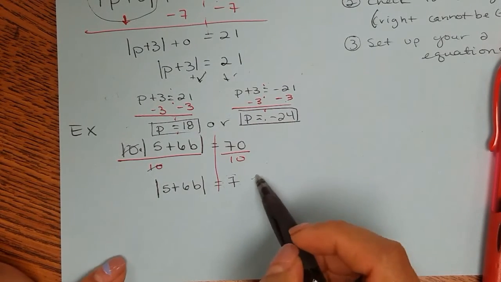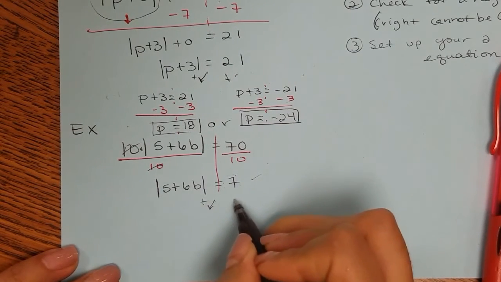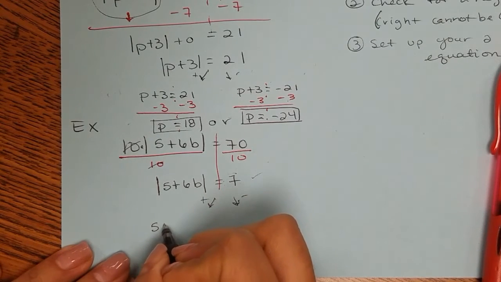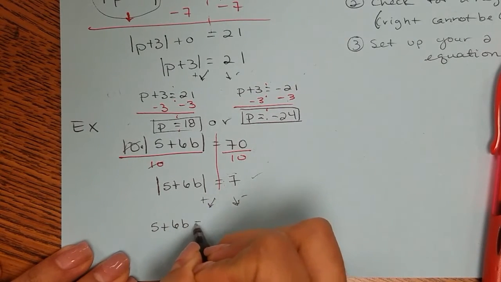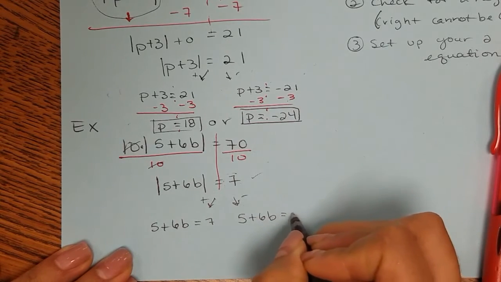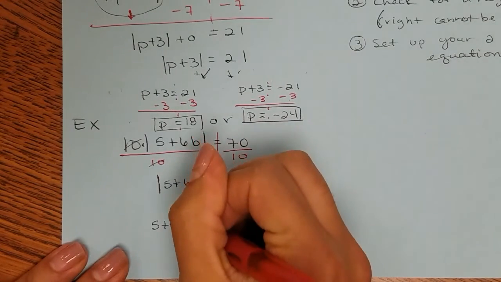Check whether this is negative or positive. So we can go ahead and split it into your positive and negative equations. So we have 5 plus 6b is equal to positive 7, and 5 plus 6b is equal to negative 7. And then you can solve them.